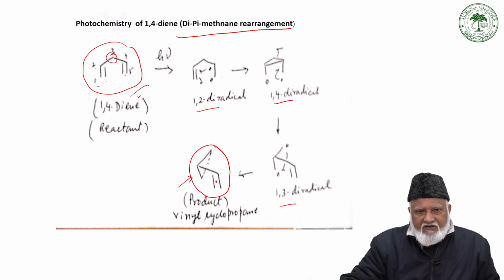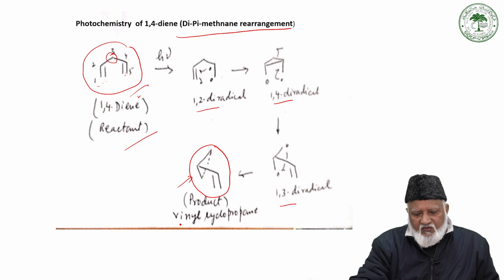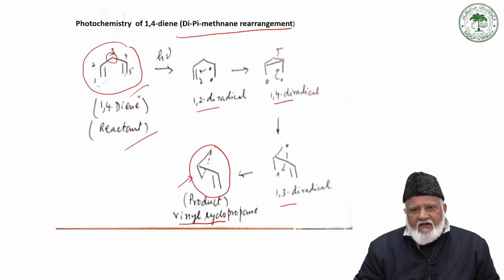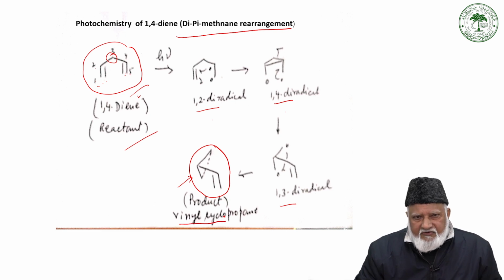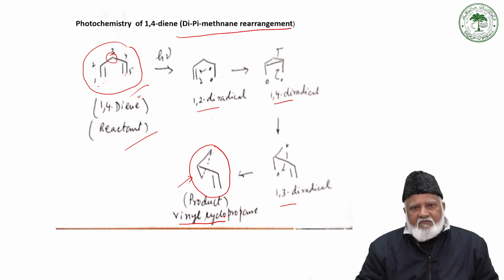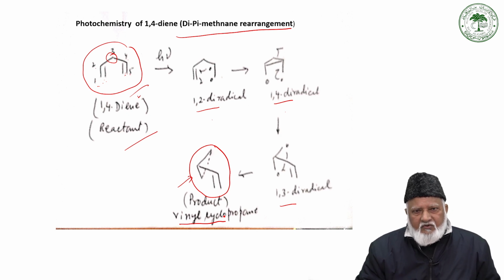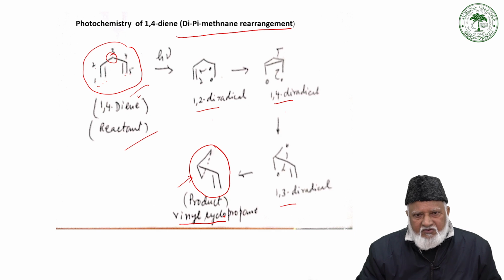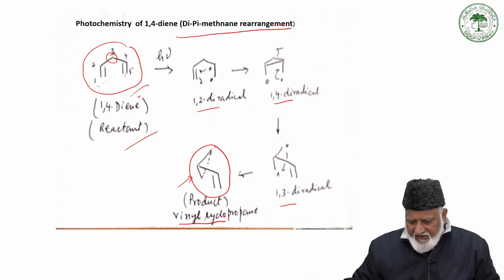The simple open chain skeleton gives rise to vinyl cyclopropane. This is a representative example of the 1,4-diene rearrangement going via di-pi-methane rearrangement to give vinyl cyclopropane.